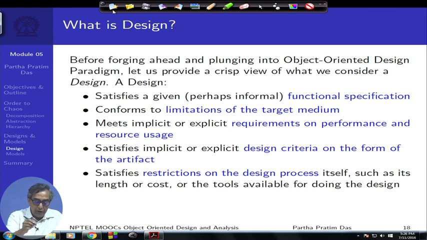The fourth critical factor for a design is it must implicitly or explicitly satisfy the criteria in the form of artifacts, which means that whatever functional specification you can think of, however simple or however complex, a system will never meet exactly those functional specifications.